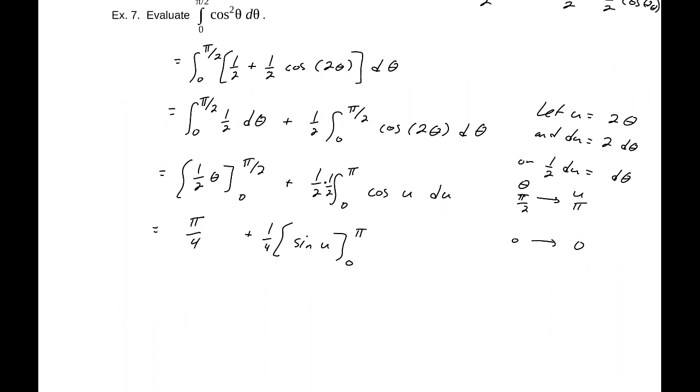Well, at 0 and pi, sine is 0. So this is pi over 4 plus 0, which is just pi over 4. And that brings us to the end of this section on U substitution.